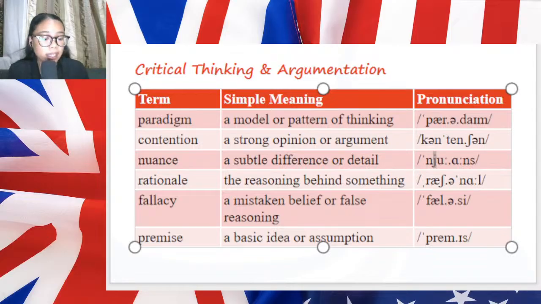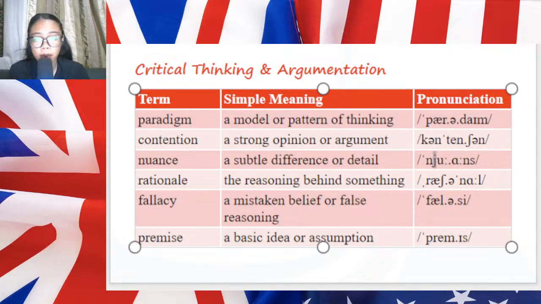In academic writing, it's important to provide a clear rationale to show your thinking process. So you use this when giving reasons for your arguments, decisions, or research choices. Your tone here should be logical, serious, and explanatory.